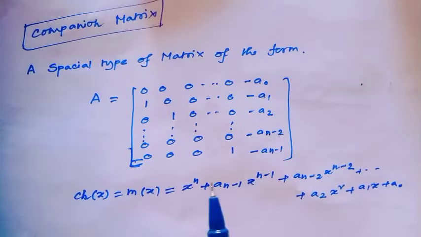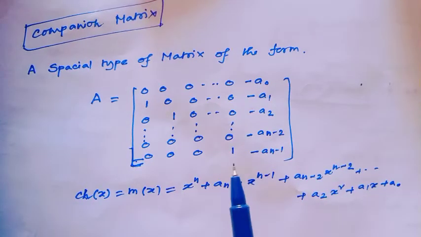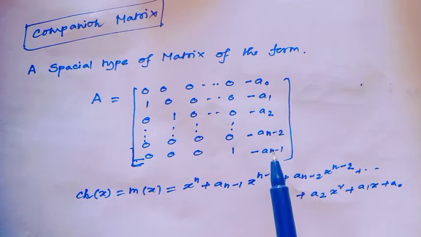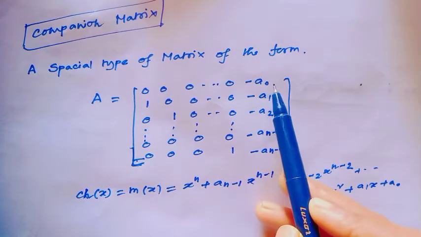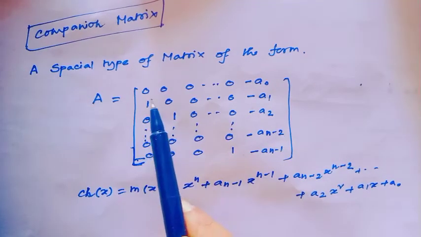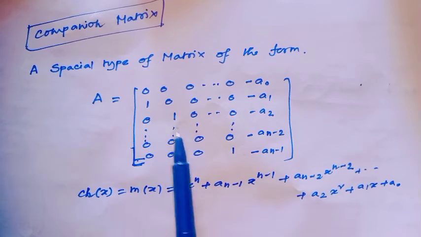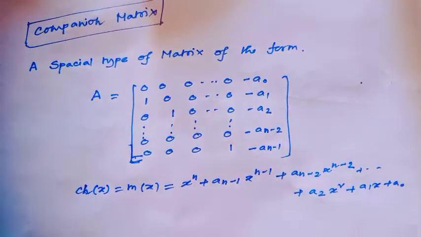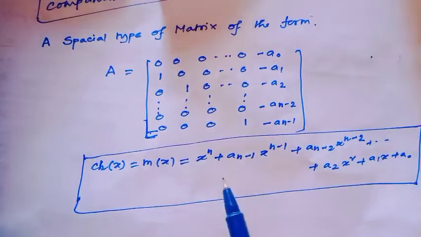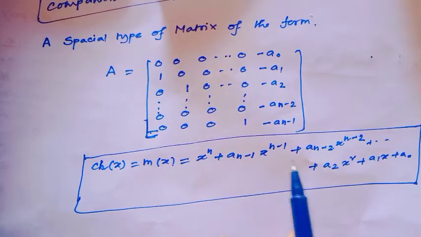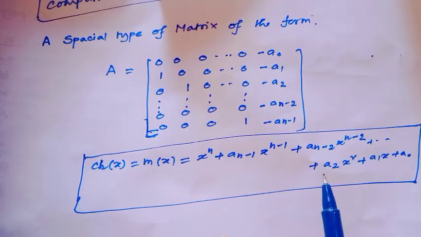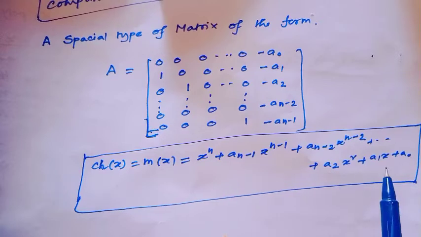Therefore, the n cross n companion matrix would be of this type. Here the first row is minus a0, minus a1, minus a2, up to minus a(n-2), and since I began from a0, the last is minus a(n-1), with 0 on the diagonal and 1, 1, 1 below the diagonal. This is the nth order companion matrix whose characteristic polynomial would be x to the power n plus a(n-1) x to the power n-1 plus a(n-2) x to the power n-2, and so on, plus a2 x square plus a1 x plus a0.